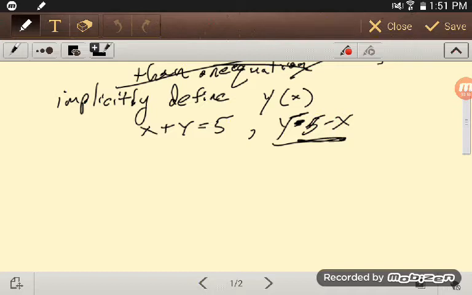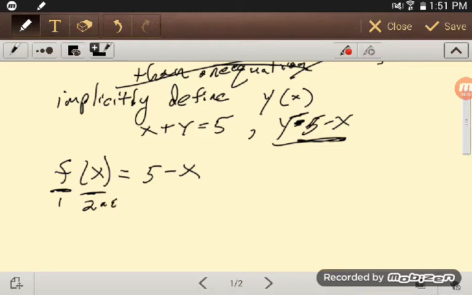So if I want to define a function, I might say something like f of x equals 5 minus x. Well, I'm reading some different things here. There's one thing I'm reading. Here's 2, and I'll call it 2a and b.